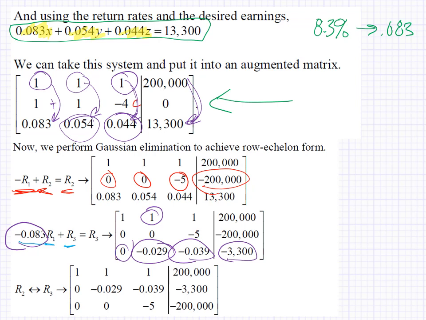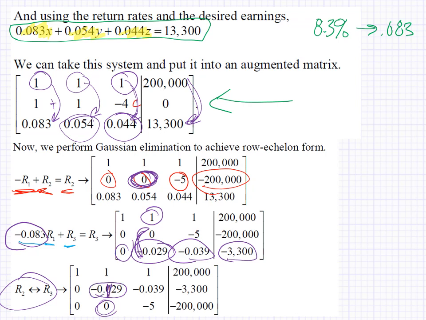All right. Next thing we want to do is we want a 1 in the next position. Because this is a 0, that's not going to be able to be turned into a 1. So what we're going to do here is we're going to flip-flop these two rows. So we're going to interchange row 2 and row 3. So we already have a 0 here. All we have to do is make this a 1.